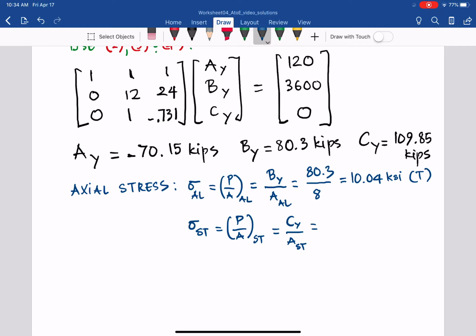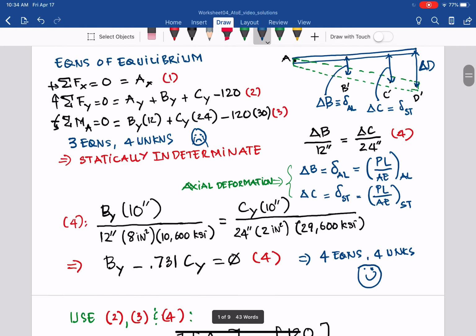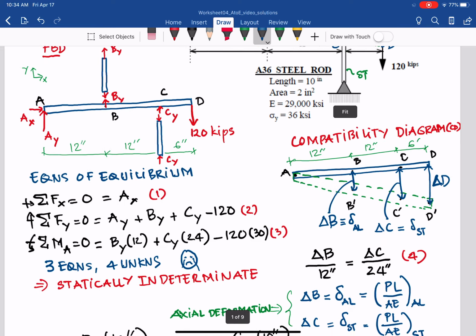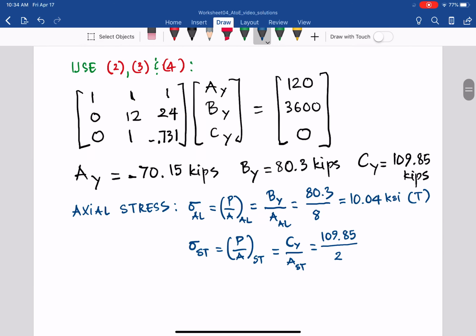Plug in CY, and you can see 109.85 divided by 2 square inches for the steel rod. From that we will have 59.9 KSI in compression.